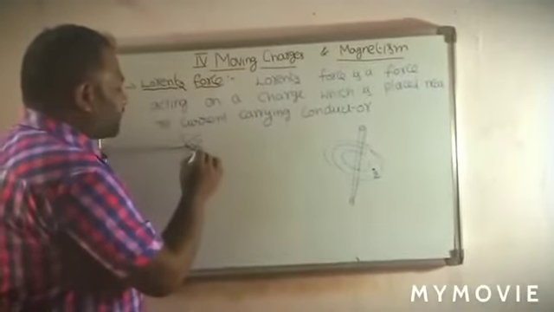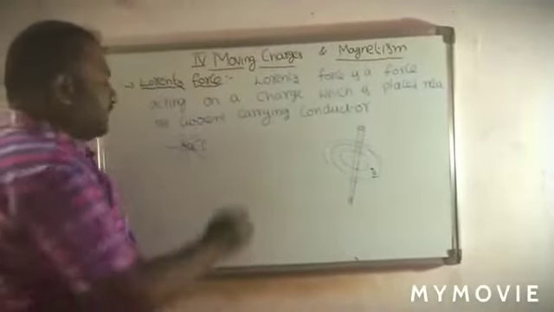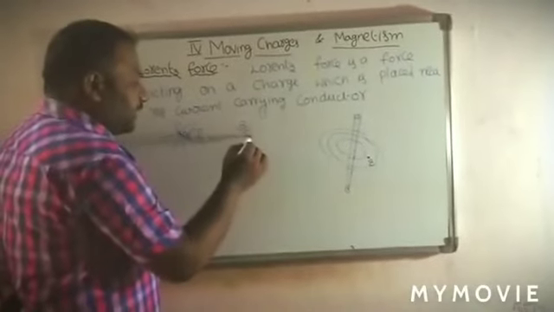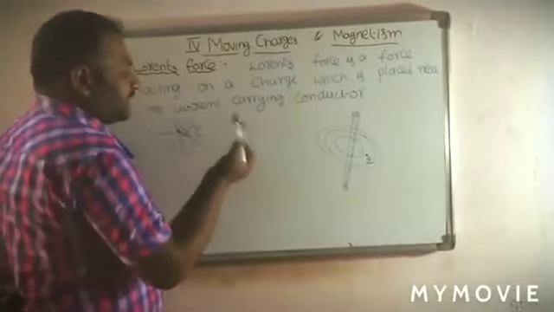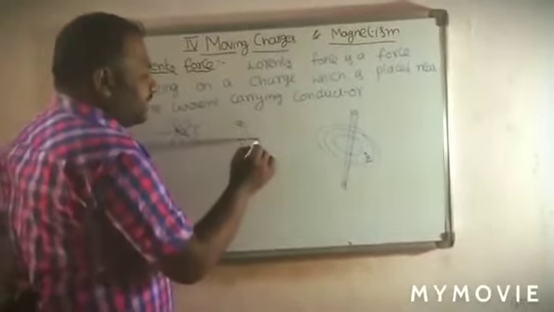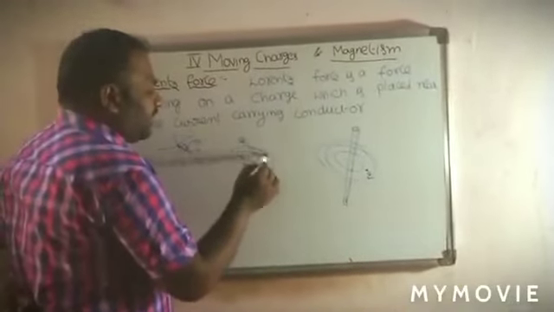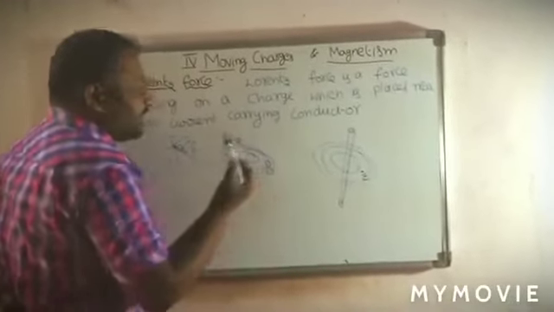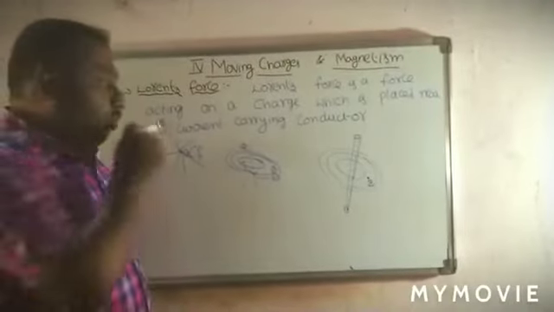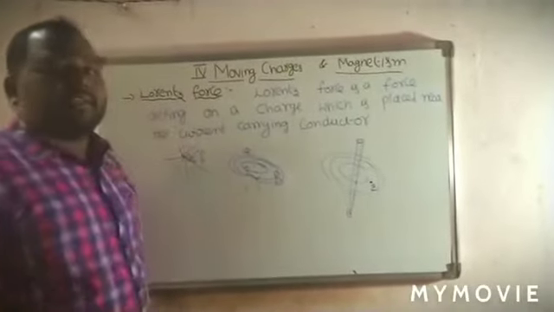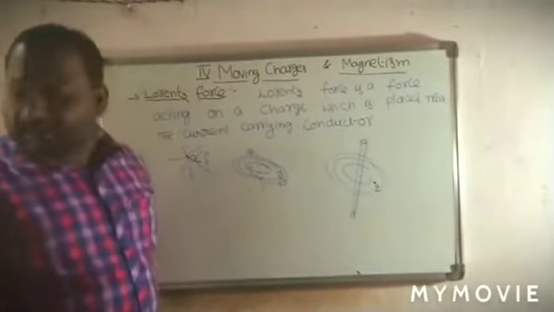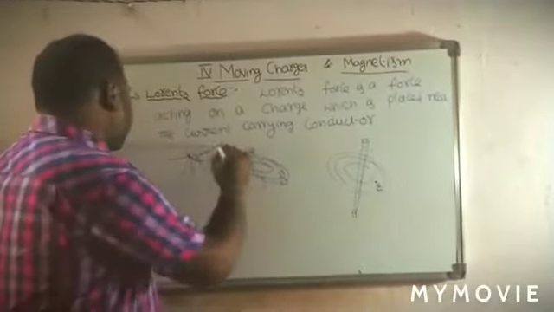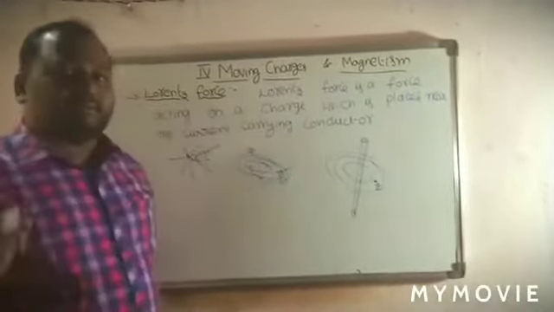That field is known as the electric field. If this charge Q is moving, that is current, and due to that a field is formed, which is known as the magnetic field. So the Lorentz force equation is related to both the electric and magnetic fields.